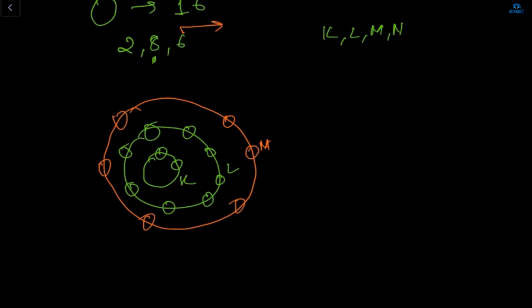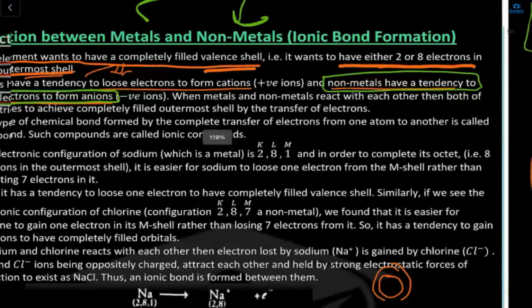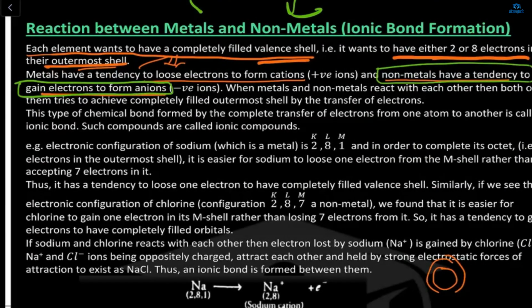So 2 more electrons are left to fill this orbit with a total of 8, right? Yes. Total how many are there in the last orbit? 6 hai. So six, two more are left. So the tendency of non-metals is to gain electrons.